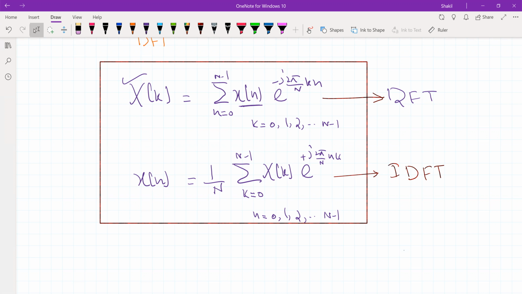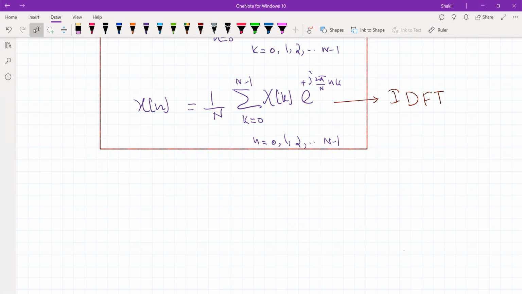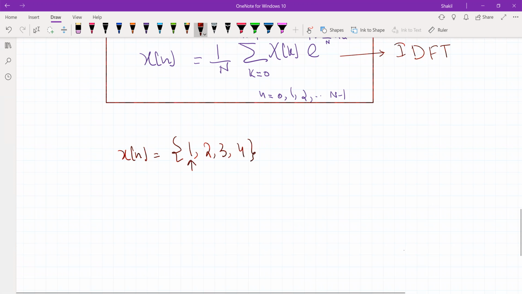Now remember, if you go to MATLAB and want to calculate the DFT and IDFT of an expression, say x of n is given, suppose x of n is 1, 2, 3, 4. Then the 4-point DFT of this you can calculate simply in MATLAB by typing fft of x of n.